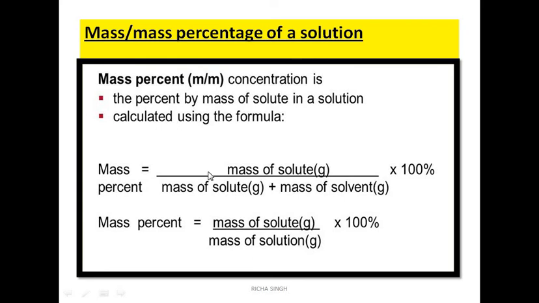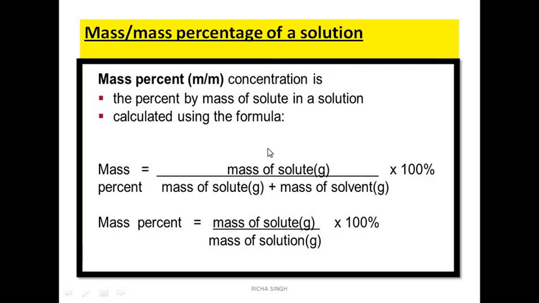Here the formula is mass of solute, that will be written at the top, and in denominator it will be mass of solution. In case mass of solution is not given, and mass of solvent is given, then mass of solution can be written as mass of solute plus mass of solvent, into 100.